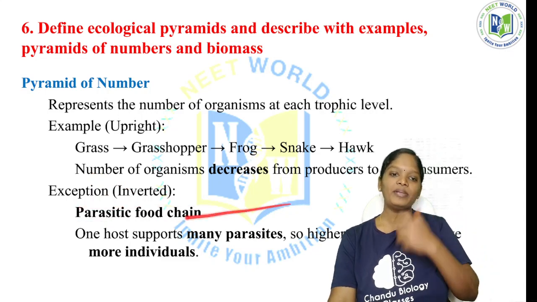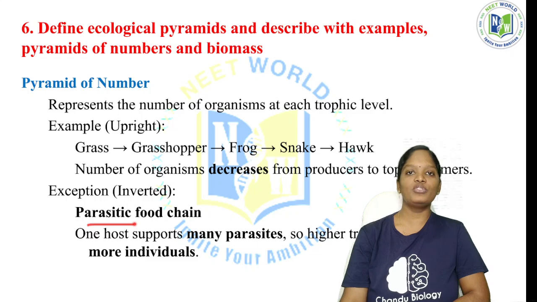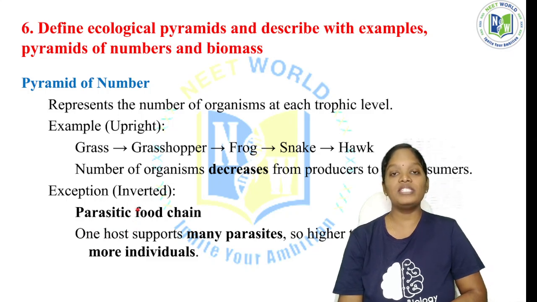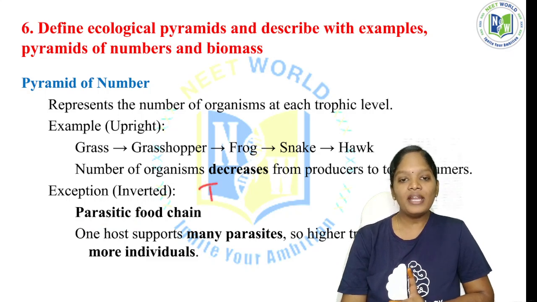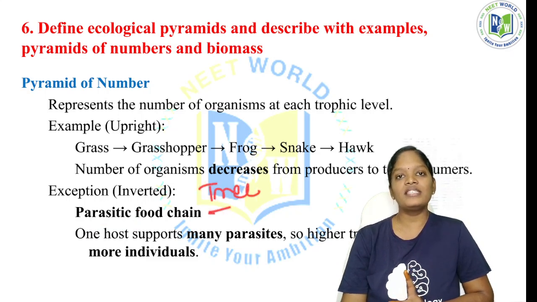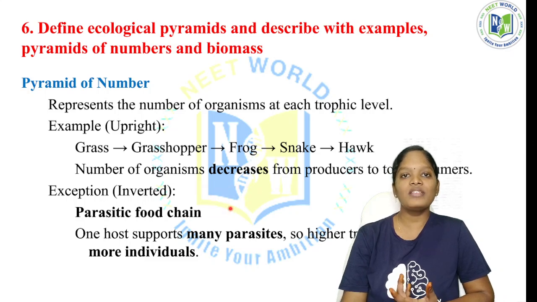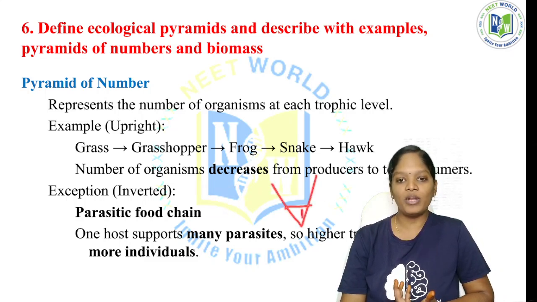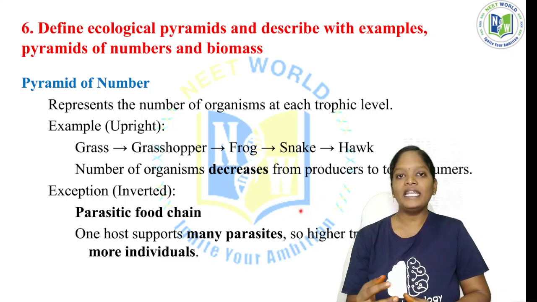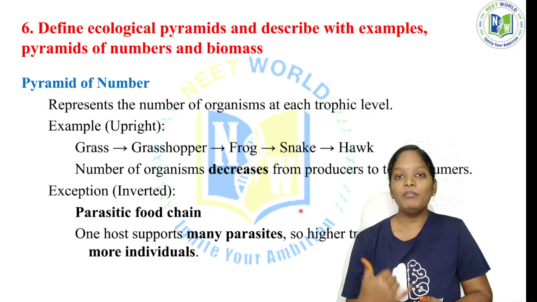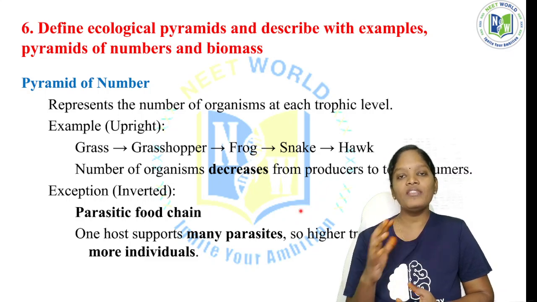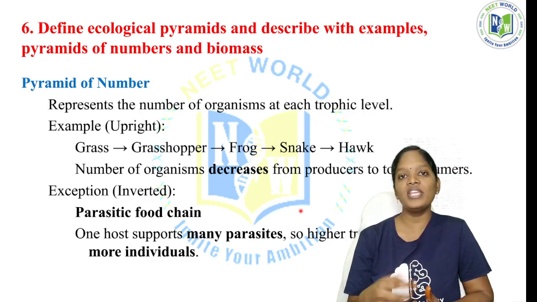Not only the parasitic food chain, the tree ecosystem as well. For example, there will be only one tree, and this tree is considered a producer. Always the green plants are considered producers. So this producer will be only one. But in the tree, many bats will live, many birds will live, and many other organisms will take this tree as a habitat.